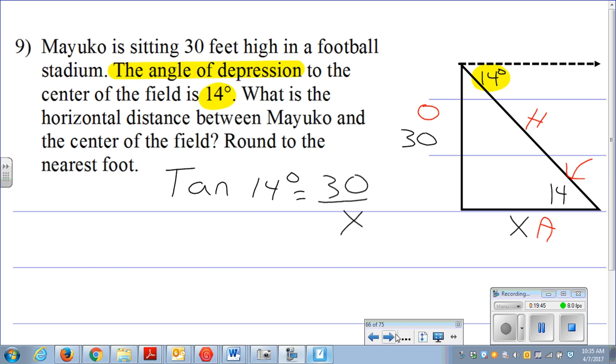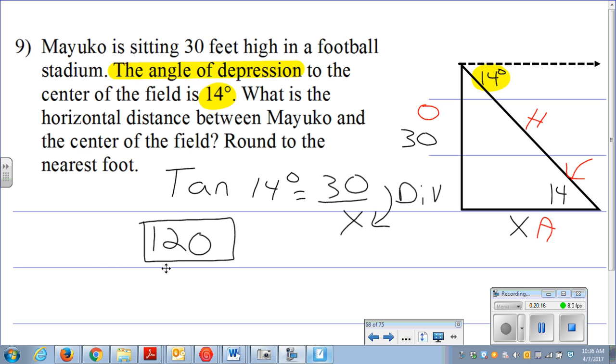Step 3, decide to multiply or divide. And since it's in the denominator, we're going to divide. In step 4, enter it into the calculator. And when we do, we get 120. So from the bottom of the stadium all the way to the center of the field is 120 feet. Okay, so that's an example with angle of depression.